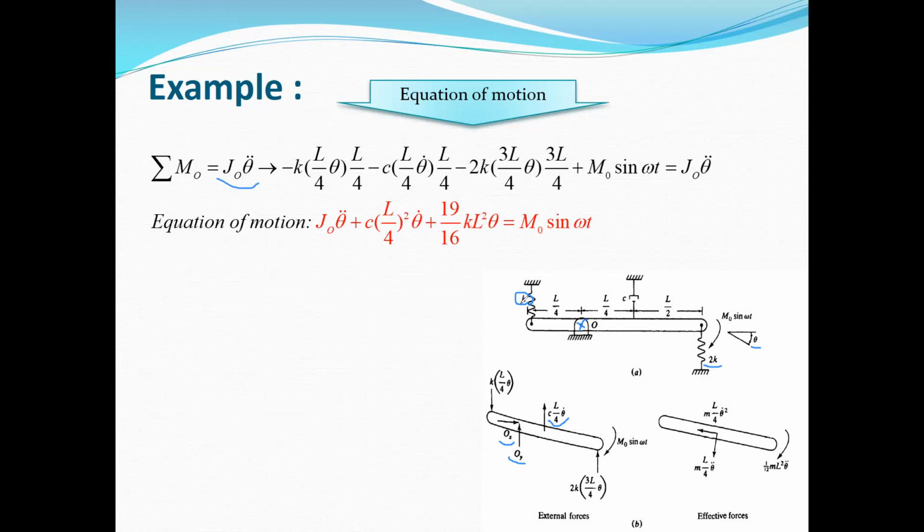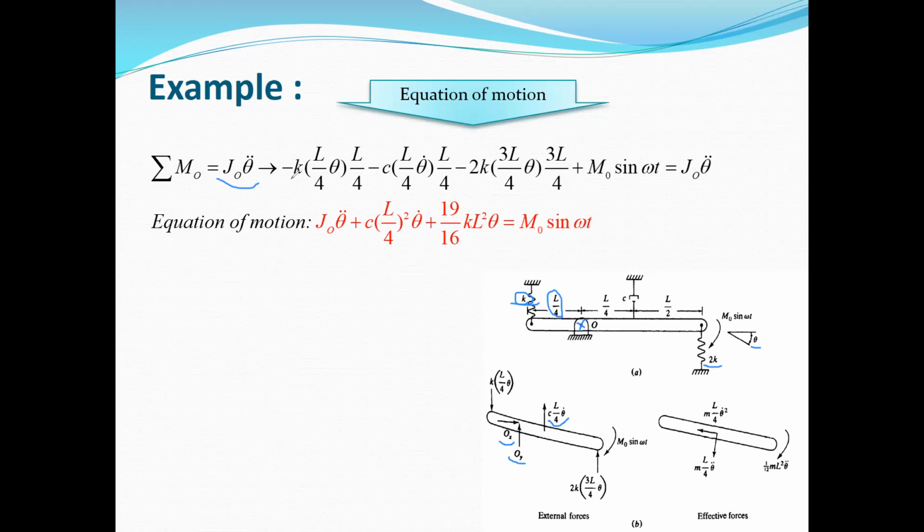The moment due to this force K is K times L over 4 times theta. This is the force in this spring, and for the moment about point O, this force must be multiplied by the arm, which is L over 4.